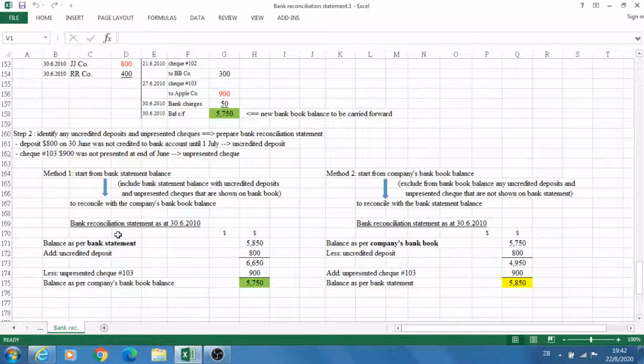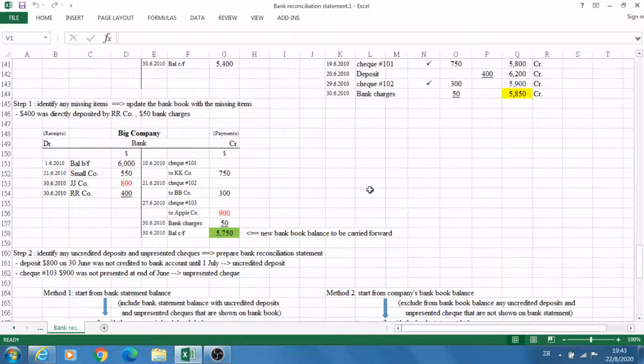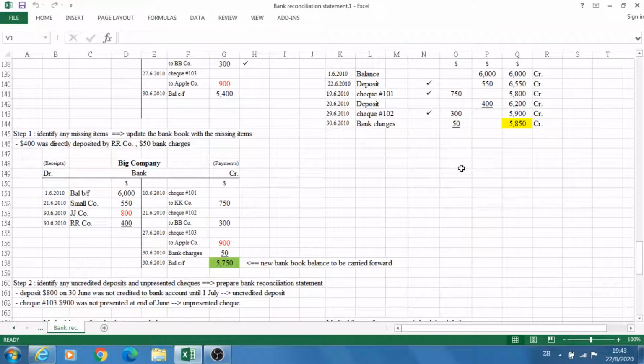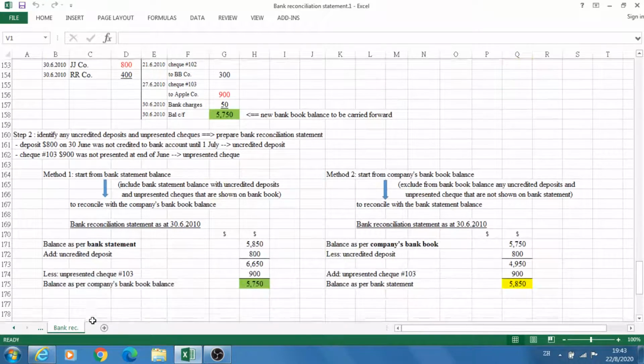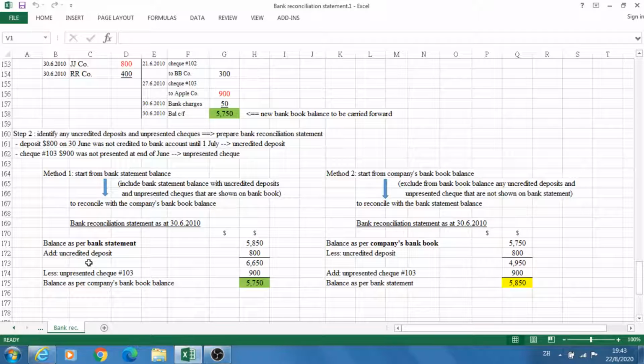Bank reconciliation statement as at 30 June 2010. Balance as per bank statement $5,850. Then include, so add uncredited deposits $800.